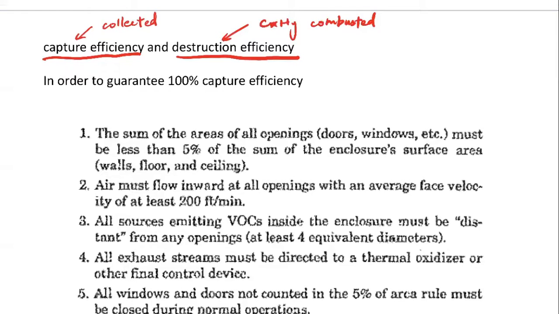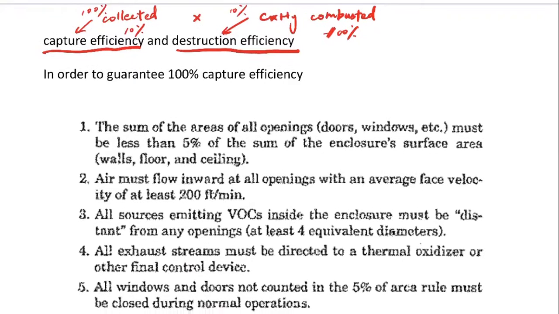These two efficiencies are not related to each other. So, for example, you can have 100% collection efficiency but just 10% combustion efficiency, or you can have 10% collection efficiency but 100% combustion efficiency. So the overall removal efficiency will be the product of these two efficiencies.